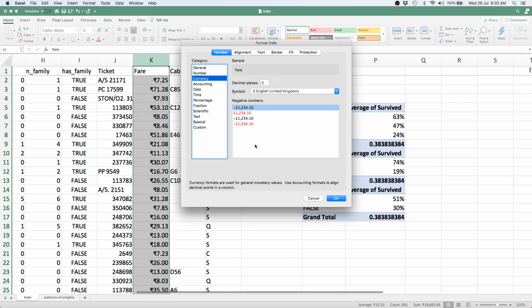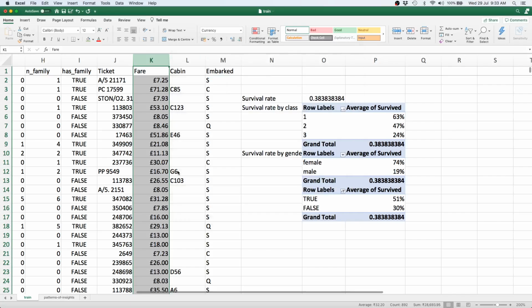The reason I've chosen Great Britain pound is because the Titanic started its voyage in England and it was going to the US. So the fares are likely to be in British pounds, not in American dollars or rupees, obviously. So let's leave it at that.